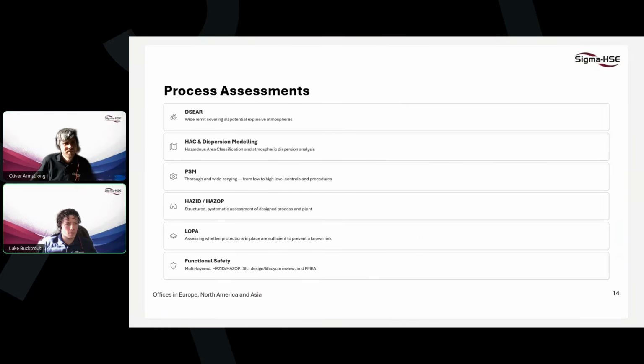Okay, brilliant. So we've talked earlier about the kinds of process assessments that our consultant engineers, or indeed even your process safety professionals, are able to use to assess new and existing processes or facilities. And all of these assessments are built on better foundations using data specifically relating to your used materials and produced products. For example, DSC covers not only flammable atmospheres, but also the potential for exothermic reactions to generate overpressures and thus vessel explosions.